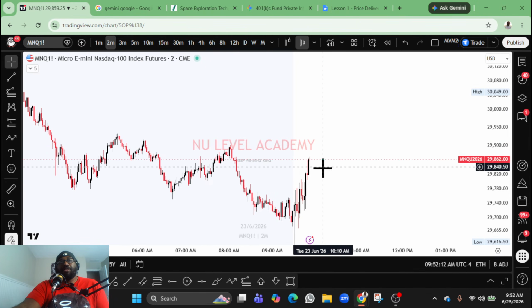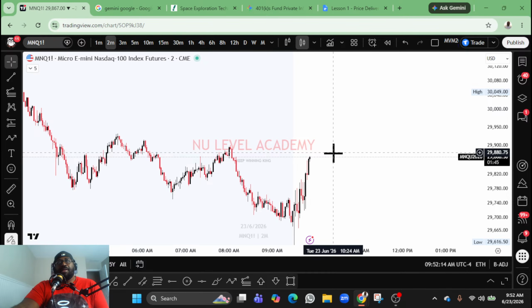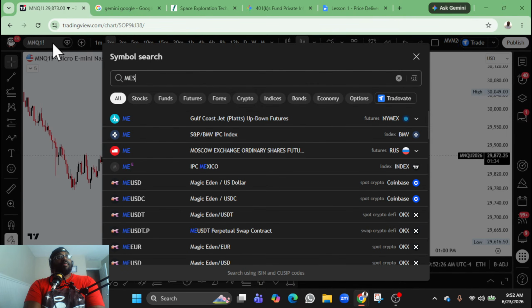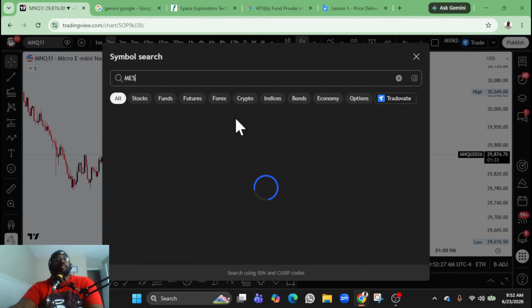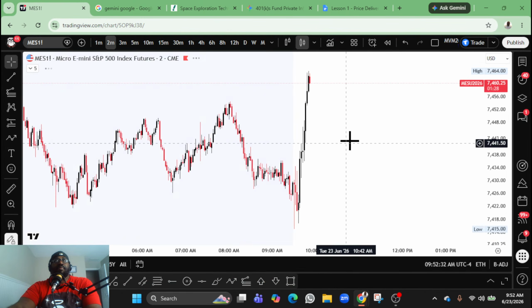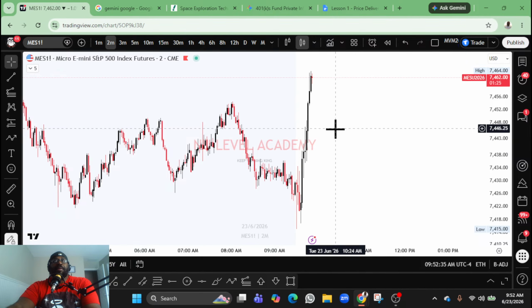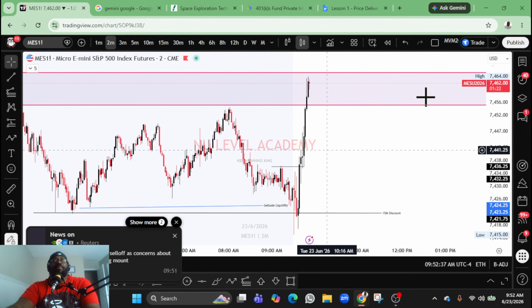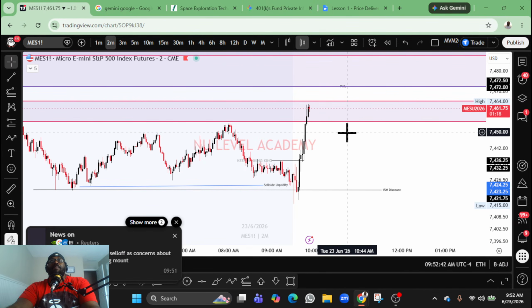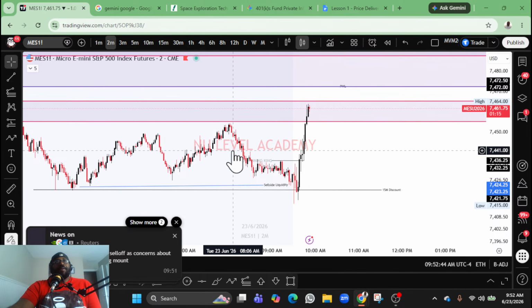I'm going to be looking for some retracement to be happening and taking place there. If it blows past that, then it's definitely key. Look at ES, man. That would have been beautiful. So let's see how this plays itself out, right?